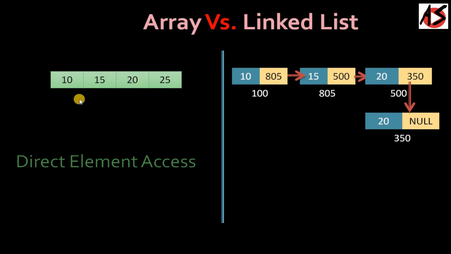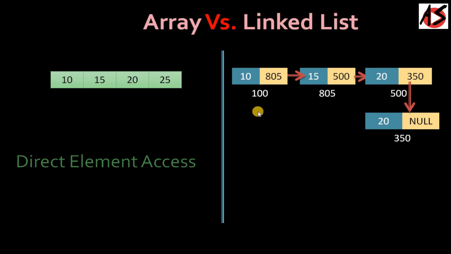Because if you are storing the integer in this array, if first element is stored on memory address 4, second will obviously be stored on 8, third will be stored on 12, fourth will be stored on 16. In this way you can calculate the memory addresses. So you can access any element with constant time.